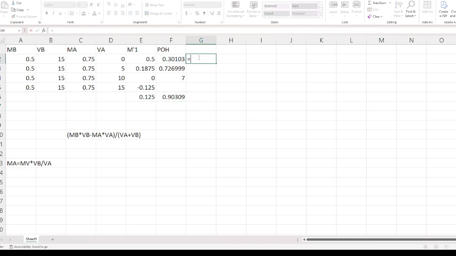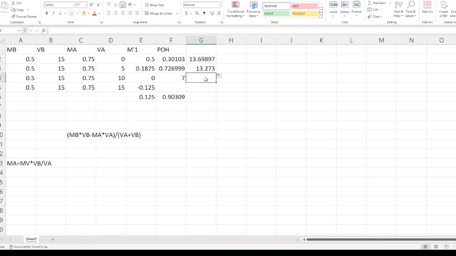So pH becomes 14 minus the pOH. If I drag that down, it starts at 13.69 or 13.7. After we neutralize a small amount of this, it goes to 13.27.